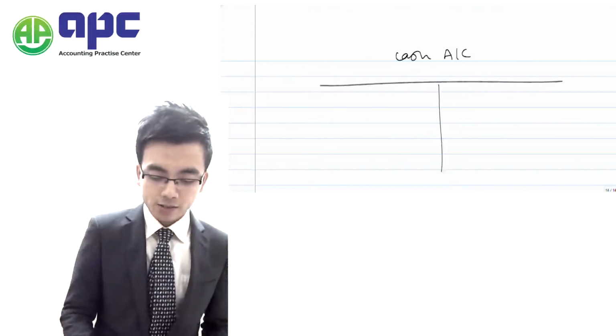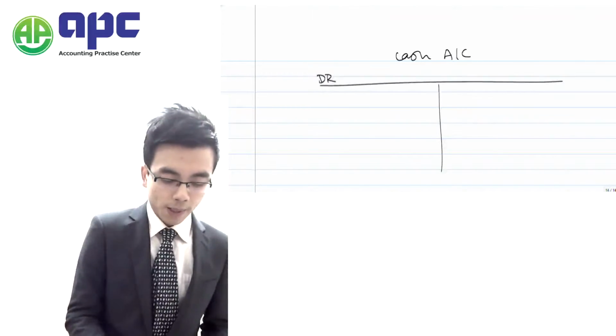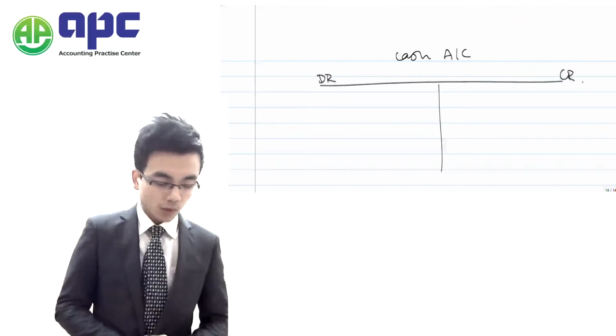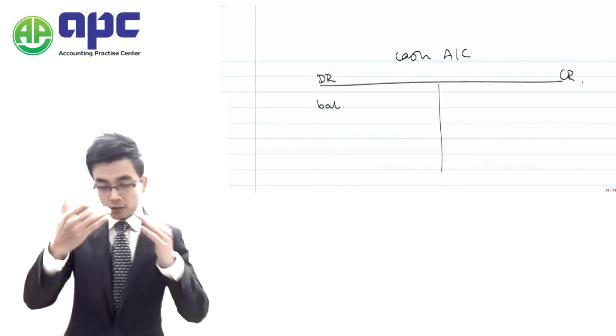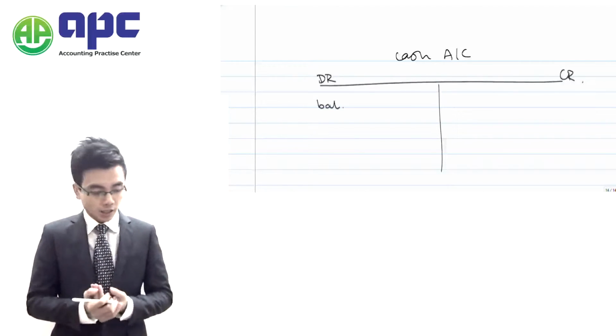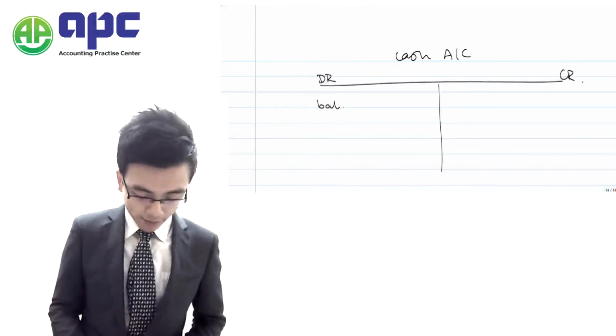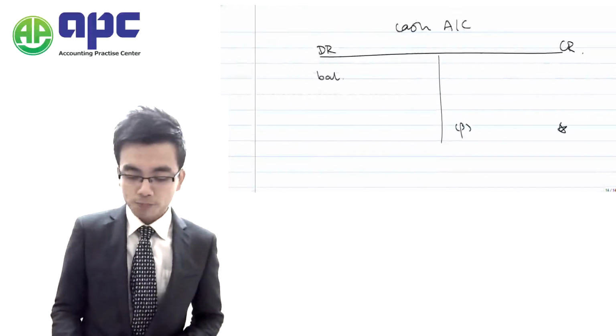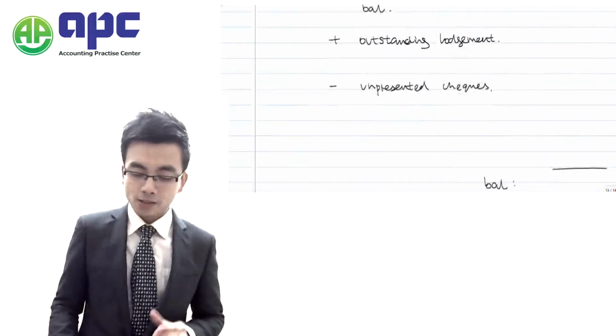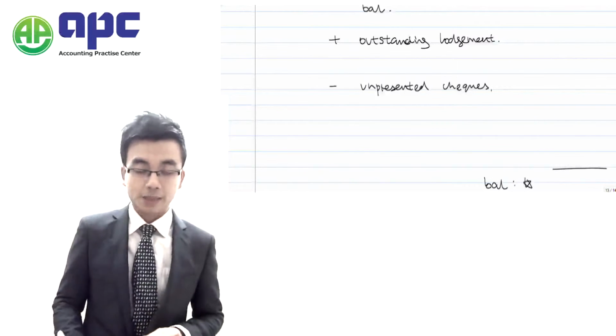So the cash account, we got debit as well as the credit. So firstly we got the balance that is not adjusted, and after doing those reconciliations we end up with the carry forward balance, and that amount should be the same as the amount within the bank reconciliation statement here.